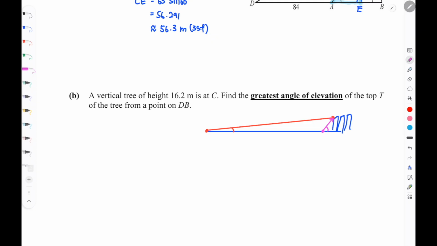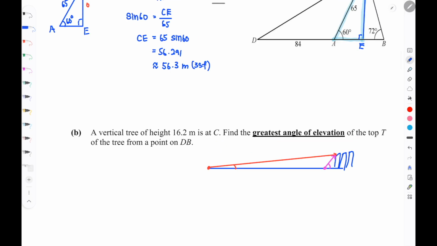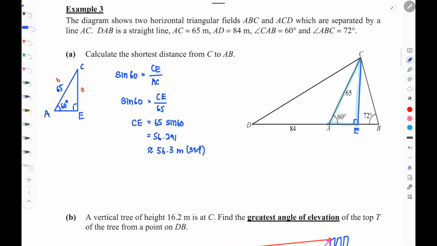So in this case, there is a vertical tree at point C. So at the top over here, I'll find the greatest angle of elevation. I have to go to the closest distance. So in this case, on DB, the closest distance is at point E. Okay, so I will redraw the triangle.